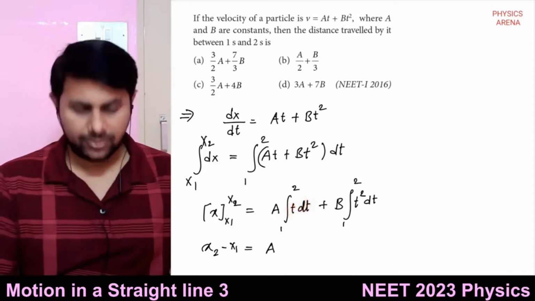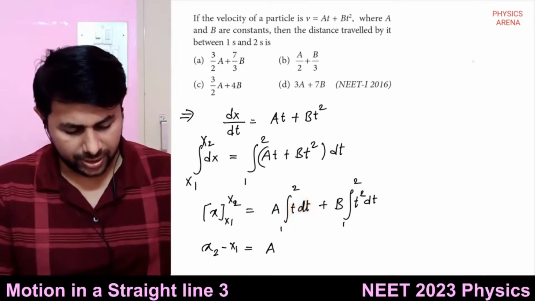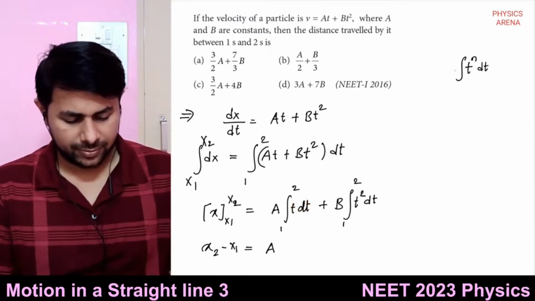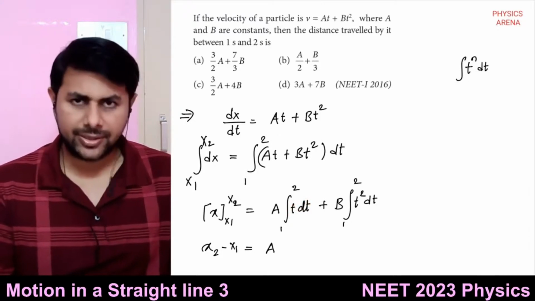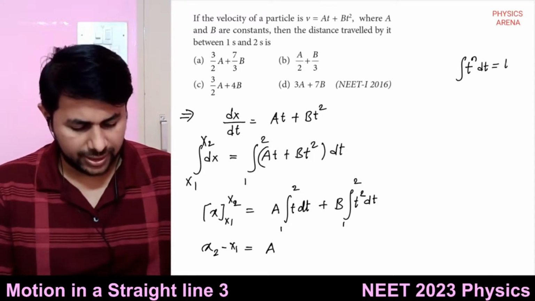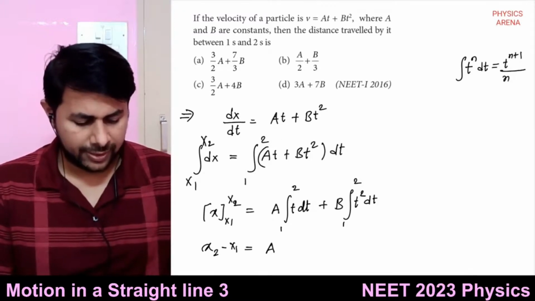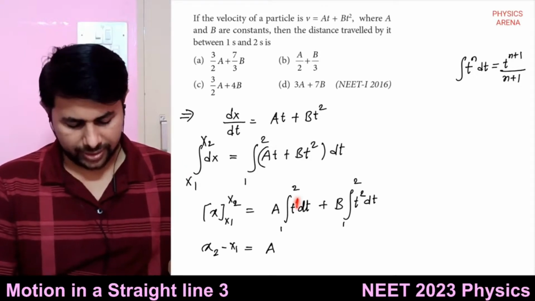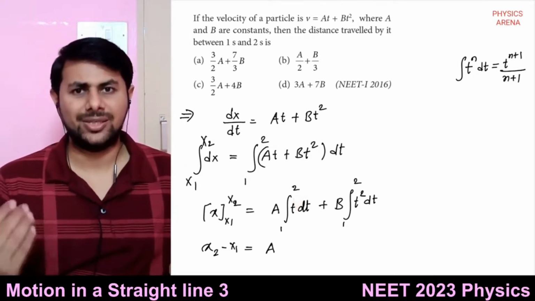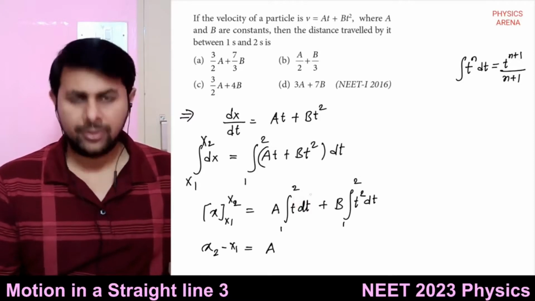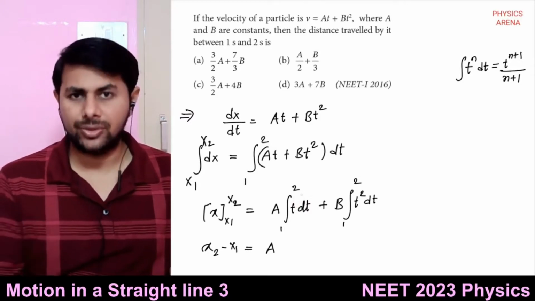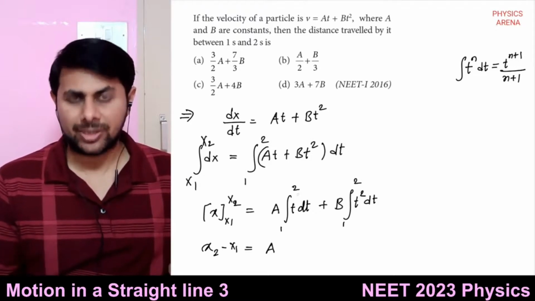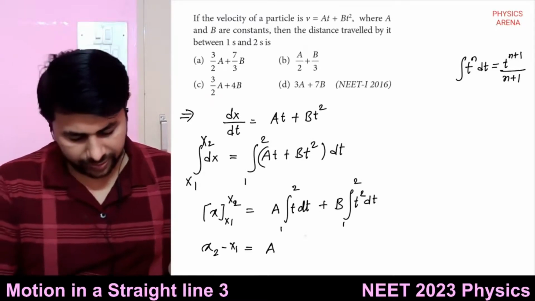We have this formula: the integral of t raised to n dt is equal to t raised to n plus 1 divided by n plus 1. Here n is equal to 1, since t is t raised to 1. So its integral will be t raised to 2 divided by 2, that is t raised to 1 plus 1 divided by 1 plus 1, because n is equal to 1.